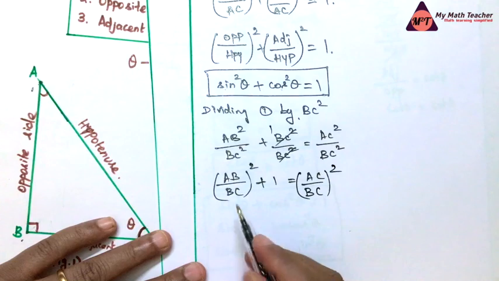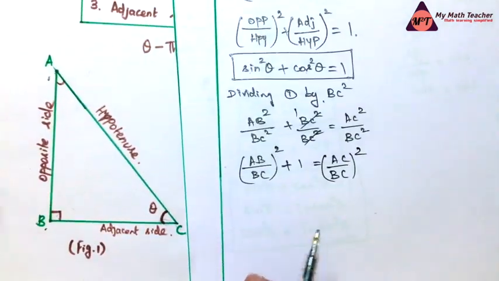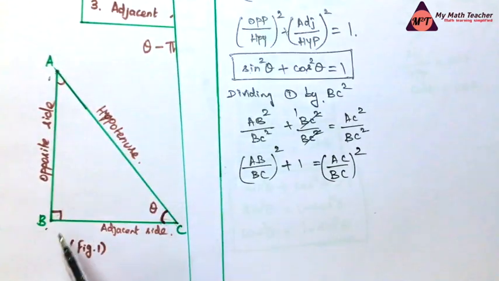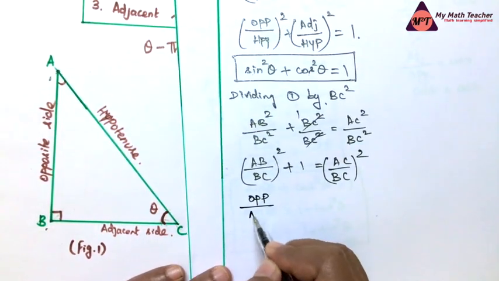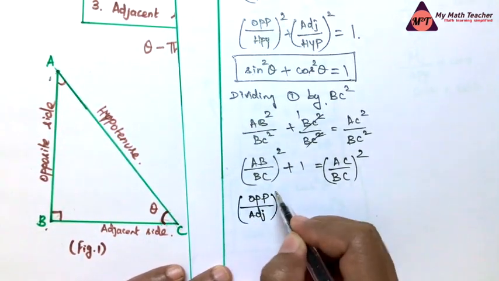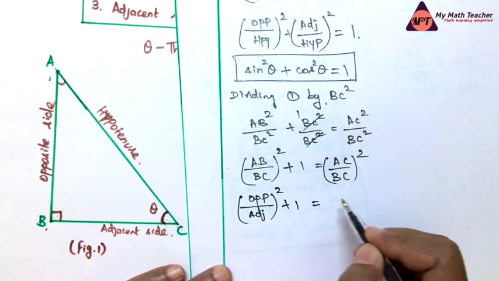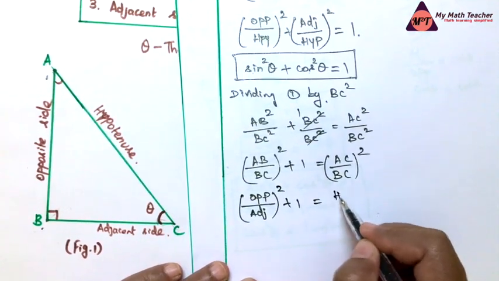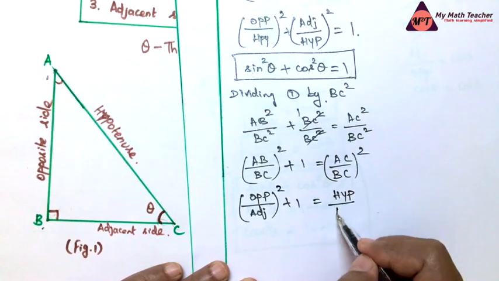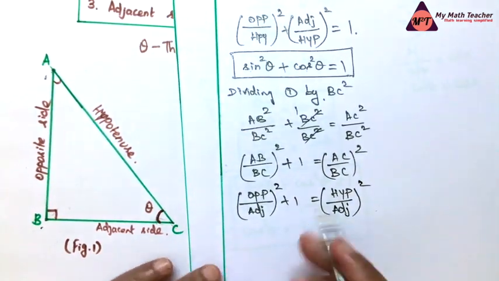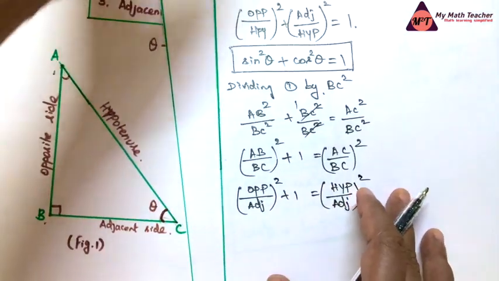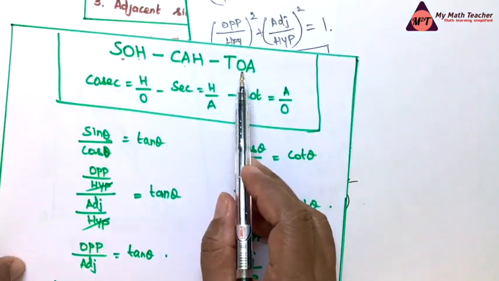Okay. Now what is AB here? AB is opposite side, and BC is adjacent side. Opposite side by adjacent side square plus 1 is equal to, AC is hypotenuse by adjacent, the whole square. Now opposite by adjacent. What is opposite side by adjacent?